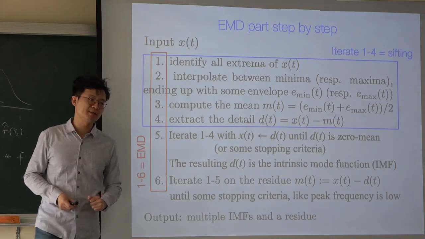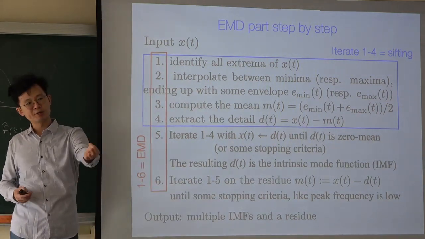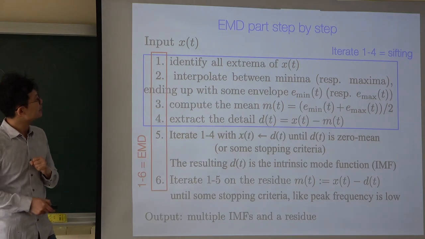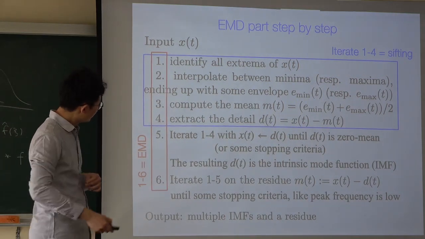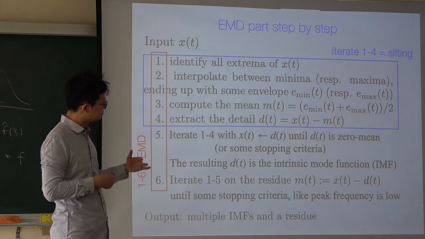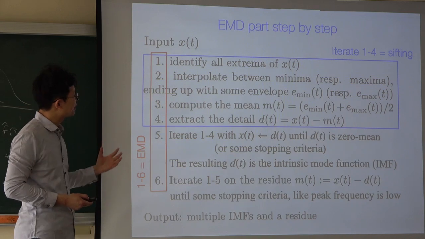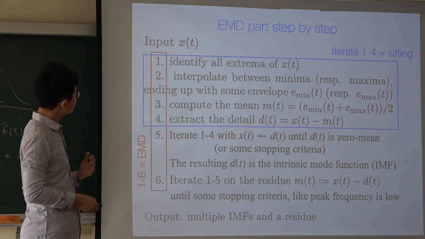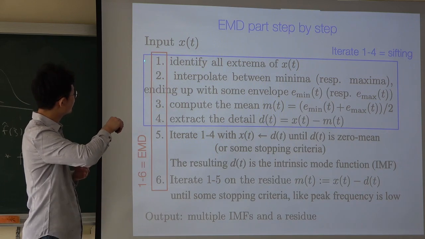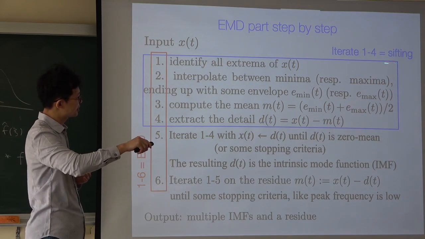Let's take a look at each part, EMD and the Hilbert spectral analysis. The EMD part is an iterative algorithm, which maybe looks a bit complicated, but if you think about it, it is very natural, and I will use pictures to illustrate the idea. The basic idea is you have iteration steps 1 to 4. This is called the sifting process.